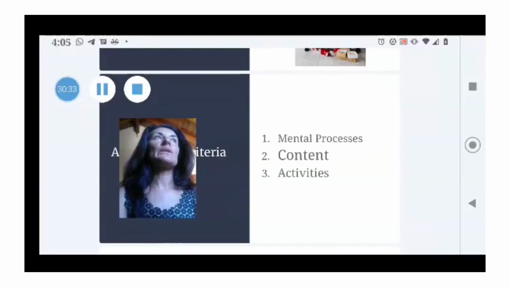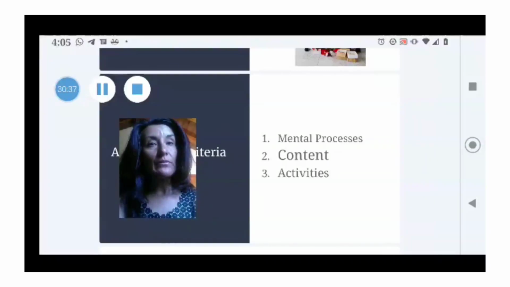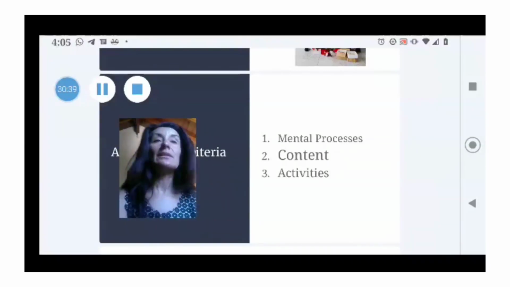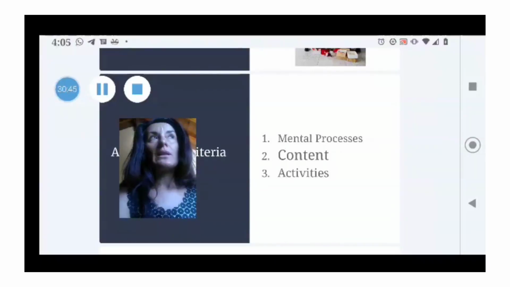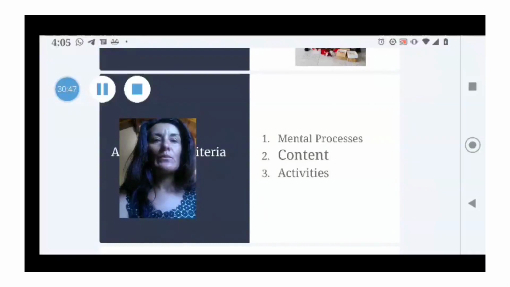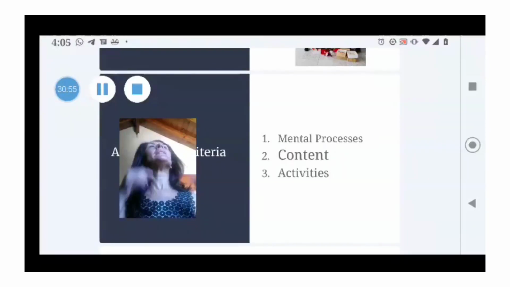After the mental process, you should write the content. What are you teaching? Past tense, in this case. In another case, it could be present tense, comparatives and superlatives, could, couldn't, should, shouldn't, modal verbs, okay?